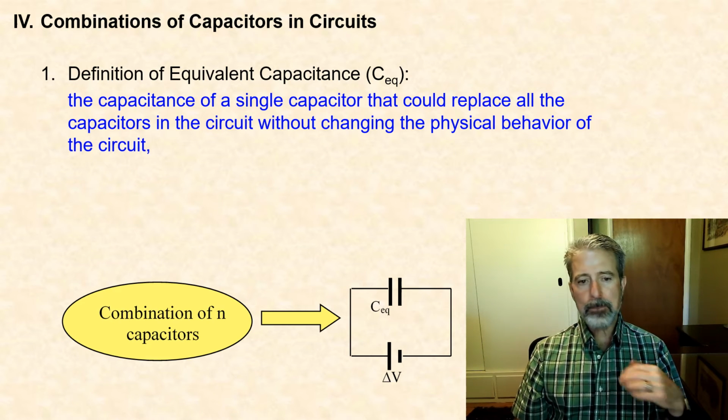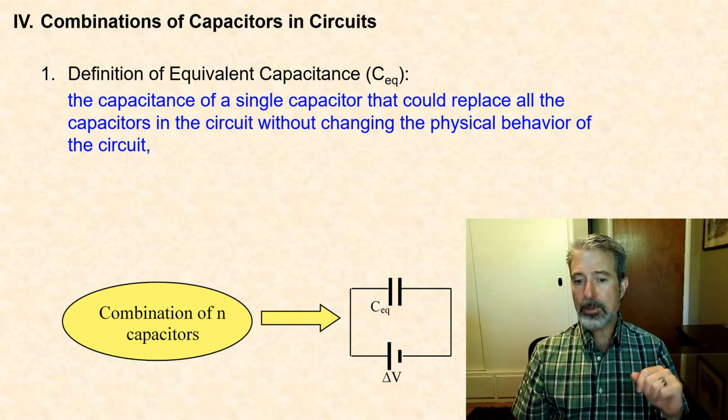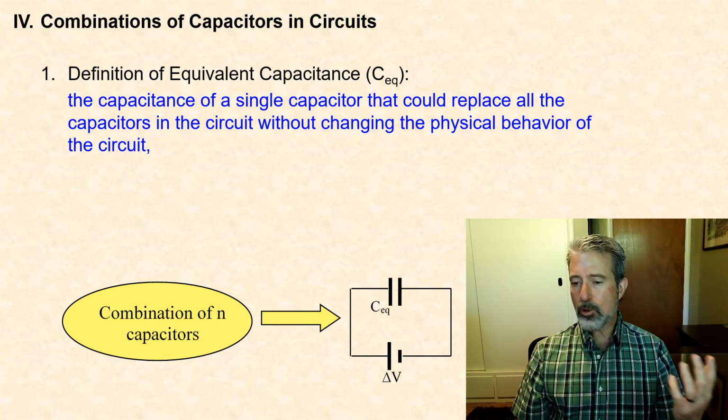So while you have a real circuit consisting of n capacitors, we are trying to figure out how we could replace those n capacitors with a single capacitor having a capacitance value we call the equivalent capacitance, so that the behavior of the circuit wouldn't change. In other words, the total voltage of the circuit would be the same, the total charge of that circuit would be the same.